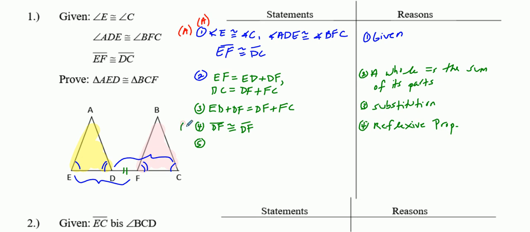And this would be a pair of sides now, ED and FC, in step 5 actually, where we'll have ED and FC are congruent. And that's by subtraction, since I can, in step 3, take DF from the left and DF from the right. So that's the subtraction property.